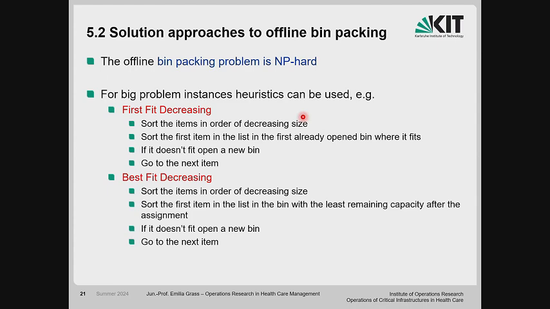This helps to reduce the number of bins, because we assume that larger items are harder to fit, and placing them first minimizes the risk of not being able to fit them later. It tries to fit each item into the first bin that has enough capacity, so this is a very straightforward and quick assignment process.